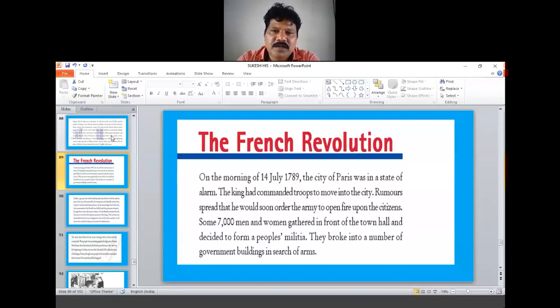Don't think of a club like what we have in India. This club means a group of people who are actively organizing revolutions against the king. So Maximilien Robespierre ruled France from 1793 to 1794.